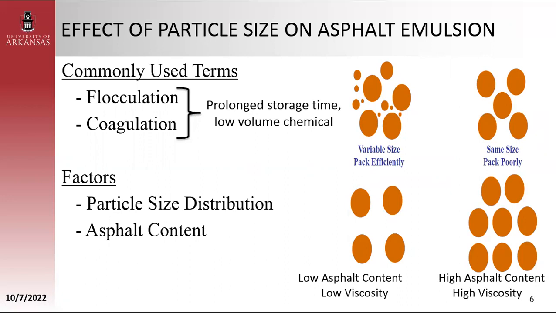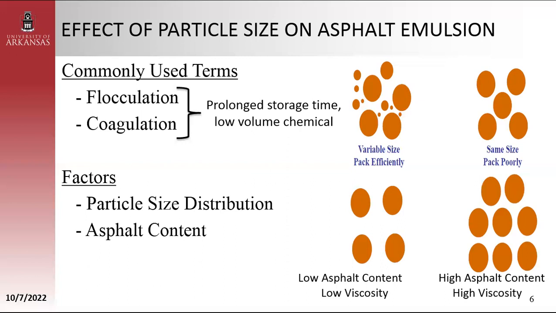If the particle size variation is a little bit lower, there will be higher viscosity, which affects the settlement, and they will be slow set. Similar things apply for asphalt content. If the asphalt content is higher, there will be high viscosity and less settlement, and they will be stable. But for low asphalt content, there will be low viscosity and they will be unstable.